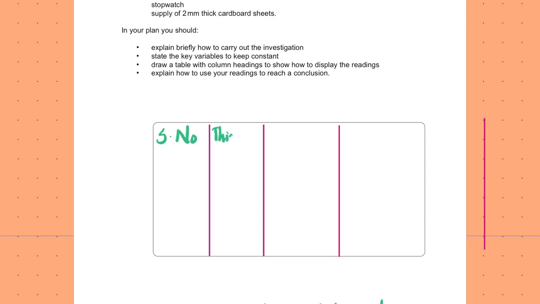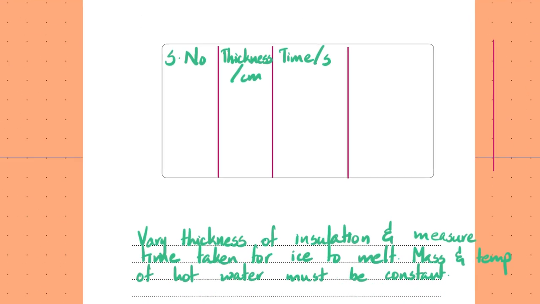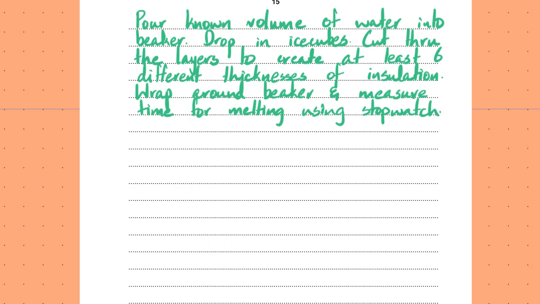This one would be thickness of the material, and this would be, for example, in centimeters, and this is the time, which could be in seconds, right? Again, reaching a conclusion, just plot a graph of thickness versus time to obtain conclusions about their relationship.